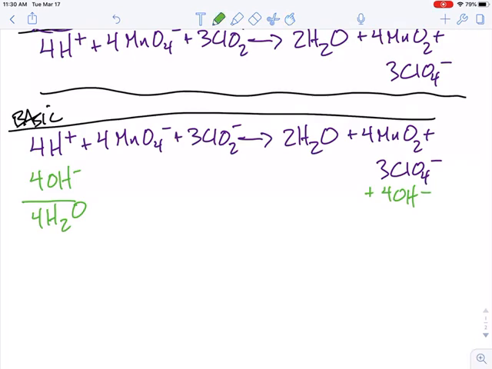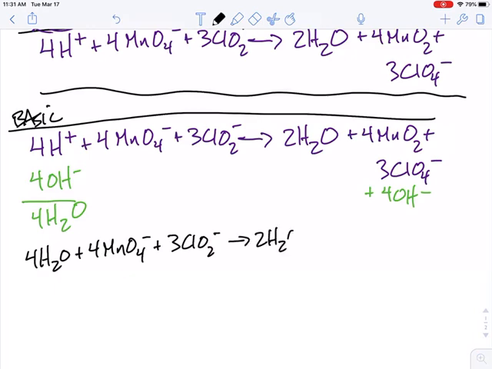Okay. So I have my 4 waters. I have my 4 MnO4 minus, my permanganate ion, my 3 ClO2 minus. I have my 2 waters. I have my 4 MnO2. I have my 3 ClO4 minus, and I have my 4 hydroxides.